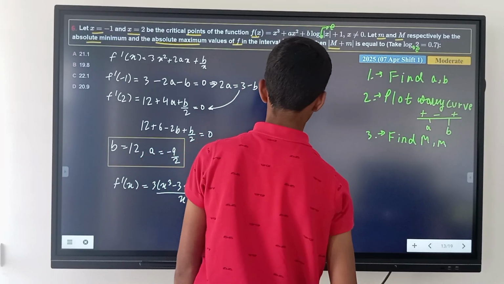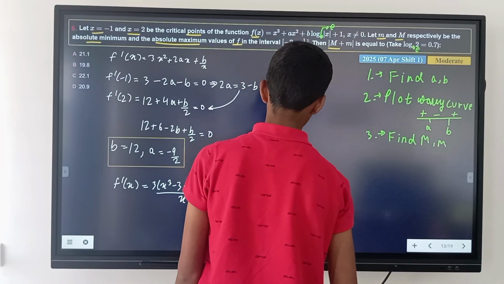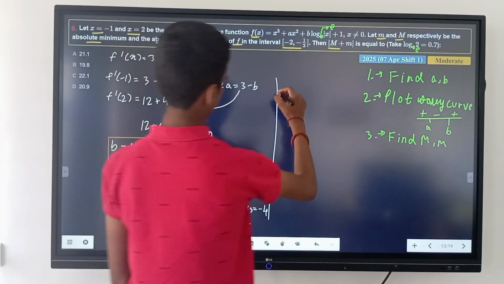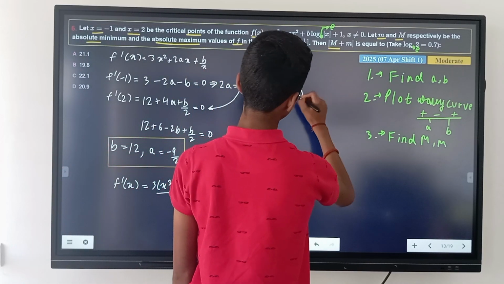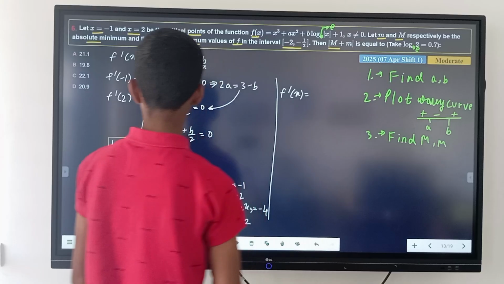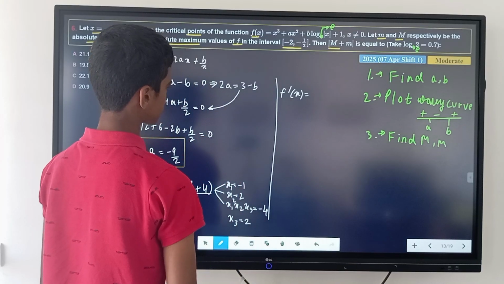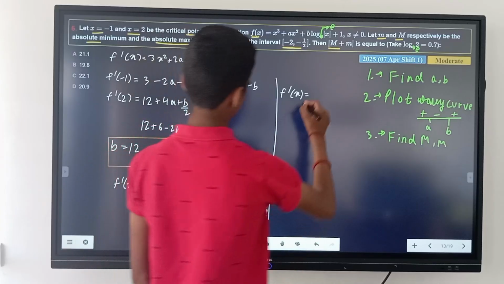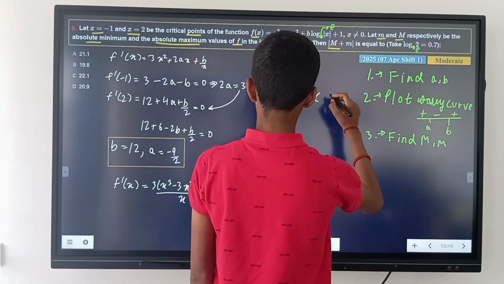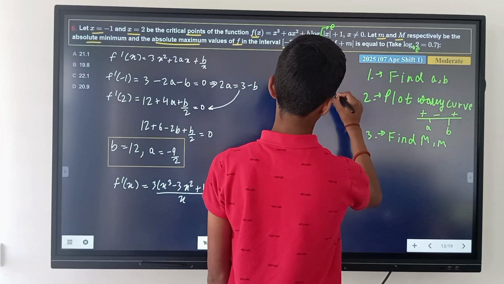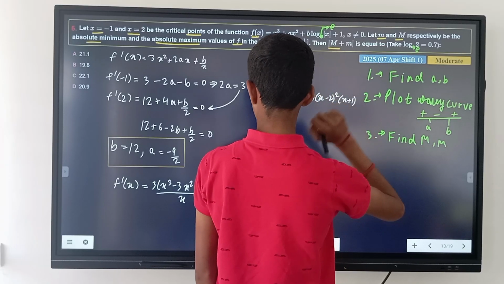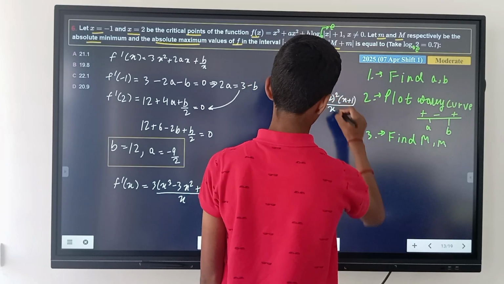Now we can write f dash x is equal to 3 times x minus 2 whole square times x plus 1, x plus 1 divided by x.